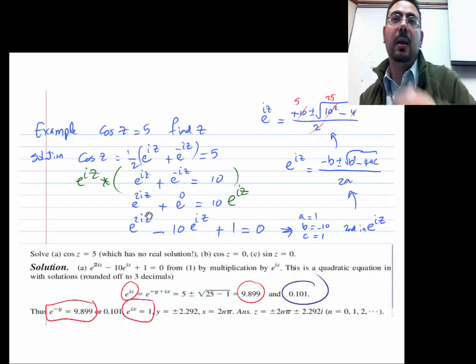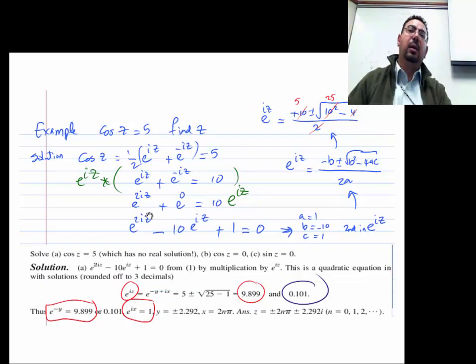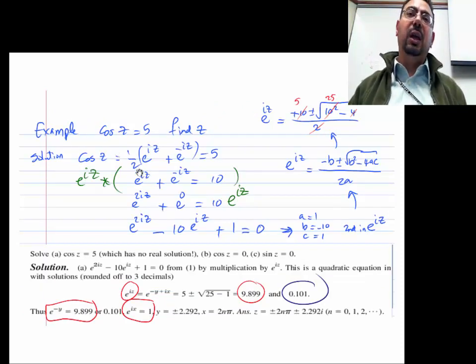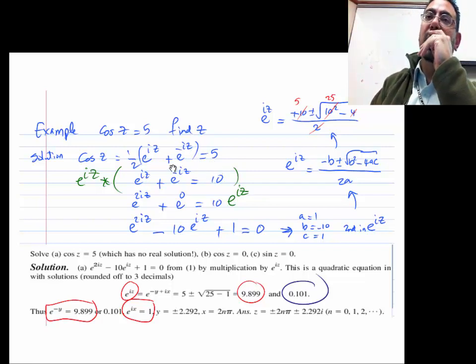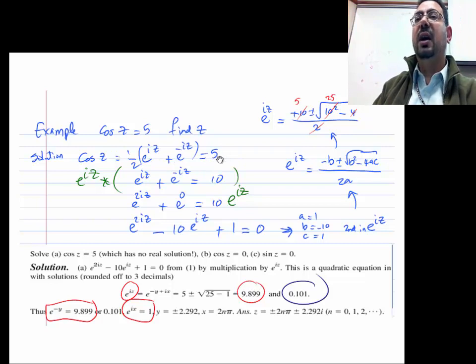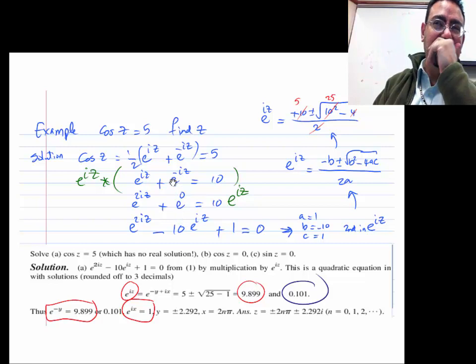But here the cosine by definition is half e to the power iz plus e to the power minus iz, and this equals 5. And so now I want apples to apples. So if this guy is like this, I would like also to be able to see real and Cartesian here. Alright? So how are we going to do this?